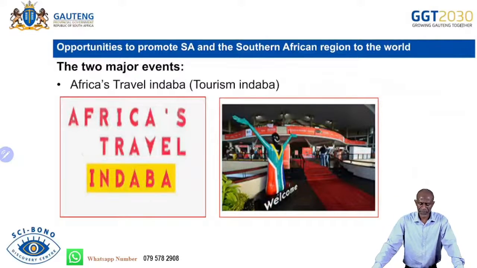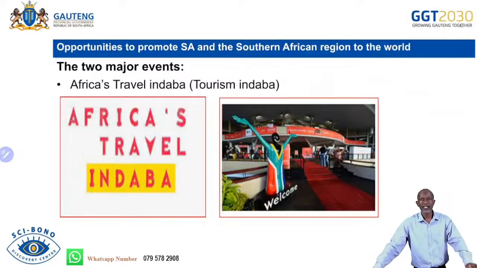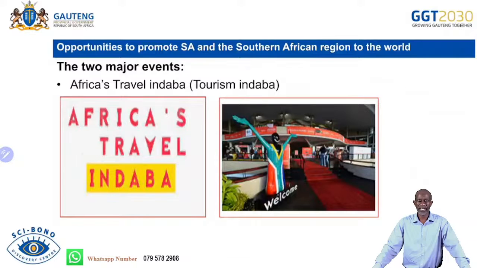For that kind of promotion, two major events are hosted in South Africa to further market the country internationally, as well as partners in the SADC countries. One of the major events happening in South Africa is Africa's Travel Indaba, or Africa's Tourism Indaba.